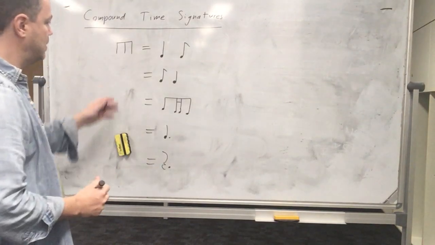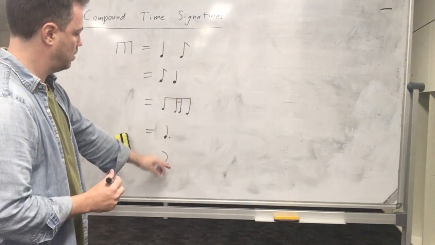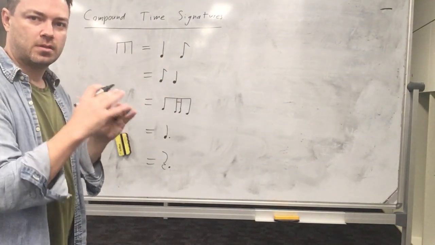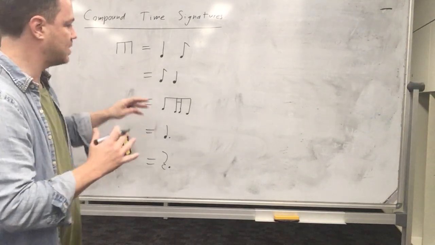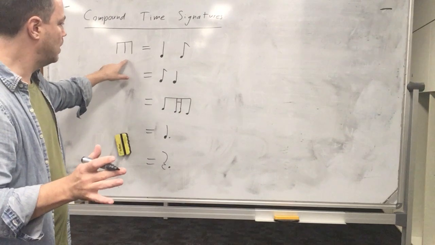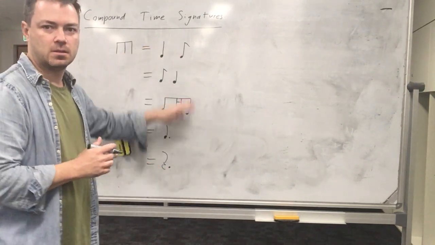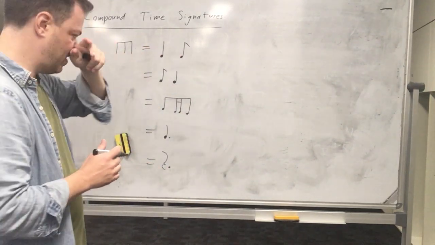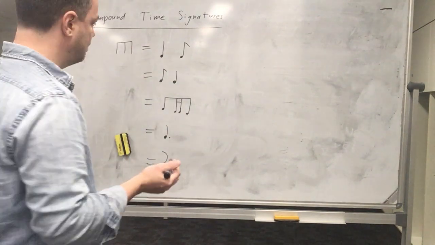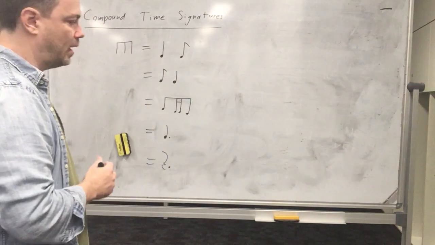So each one of these rhythms is worth the same as simply 3 quavers. So it's good to remember these and be familiar with these when we're trying to work out time signatures. And we'll do some examples of that.